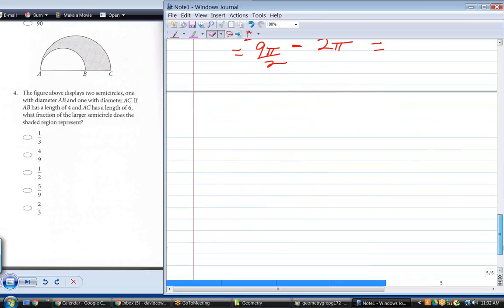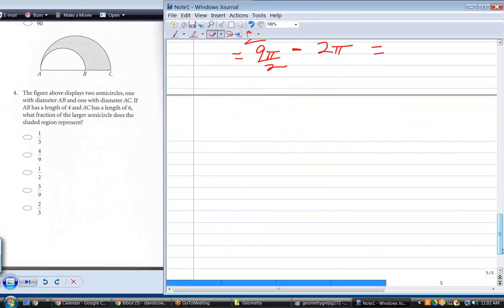Don't let pi confuse you. Pi is a number. It's not a variable. It's a number. So we're going to apply everything we know about fractions. If I told you to do this, you'd be able to do it. Well, this is no different.